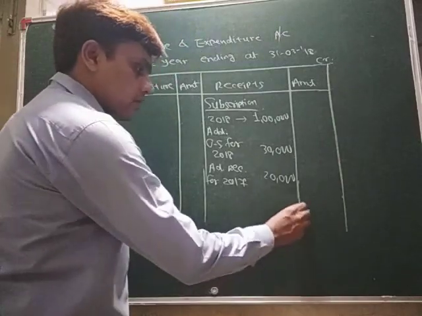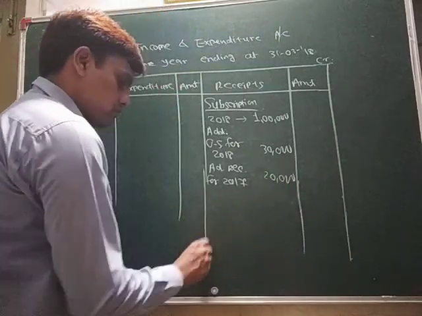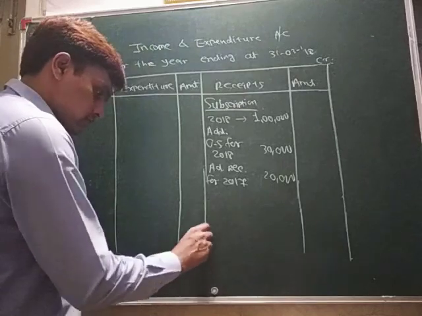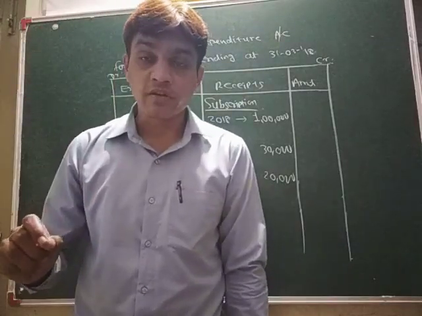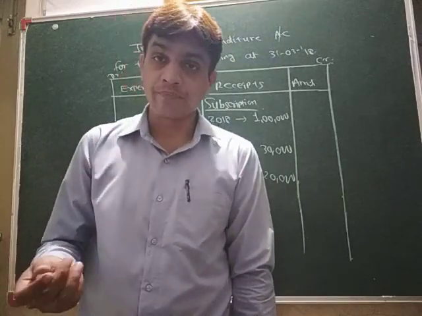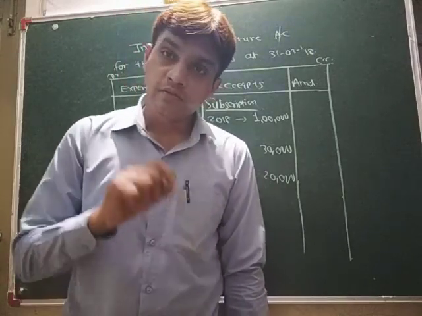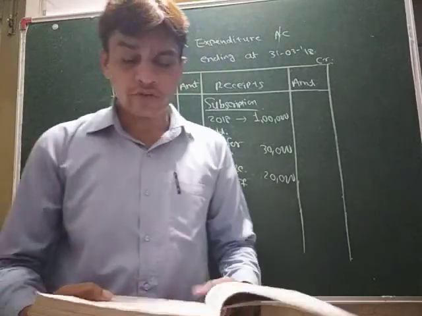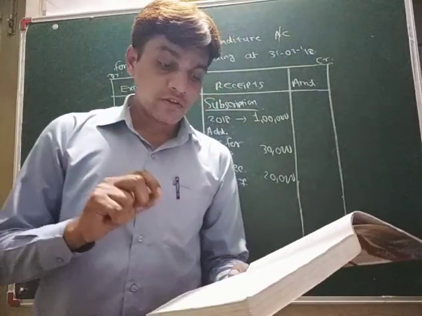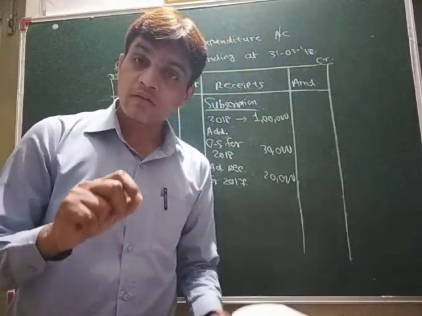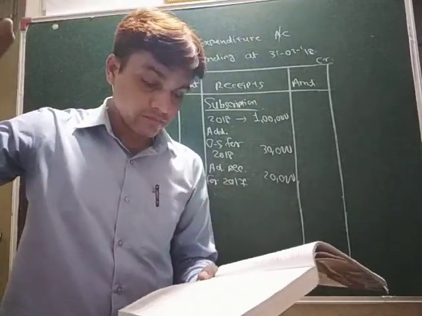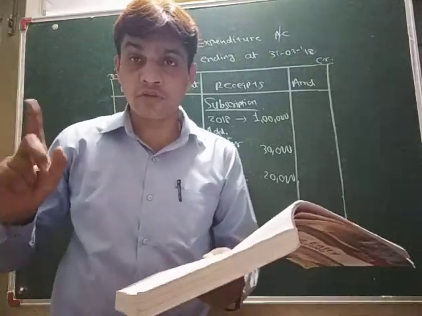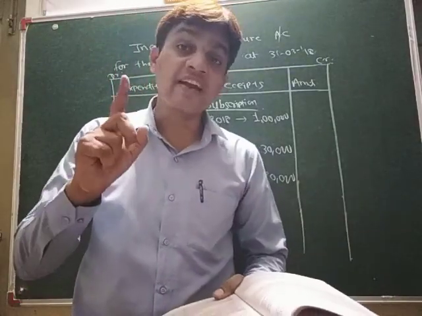Okay, now there is one hidden additional information. Hidden information is given. Now which kind of hidden? I will tell you. You can see the first information, subscription outstanding in 2017. Okay, and in the beginning the received subscription of 2017 is how much? 18,000.